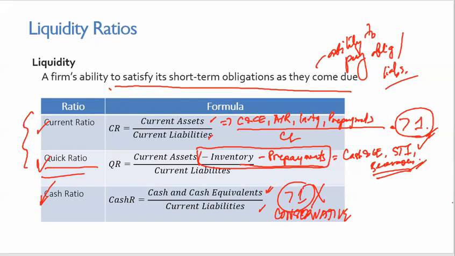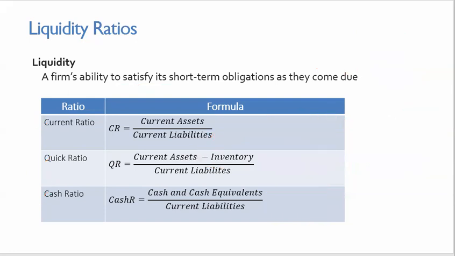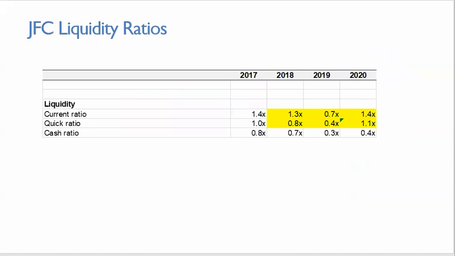So let's compute for Jollibee. Kinumpute ko na. So here are the liquidity ratios. If you look at this calculation, actually nag-improve ang current ratio ng Jollibee sa 2020.